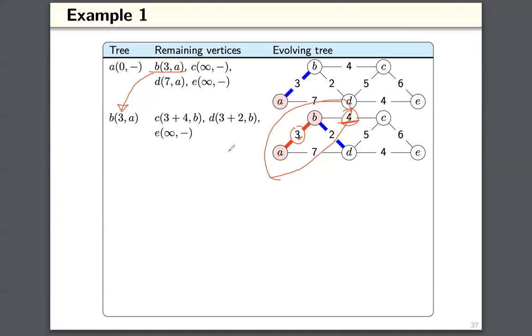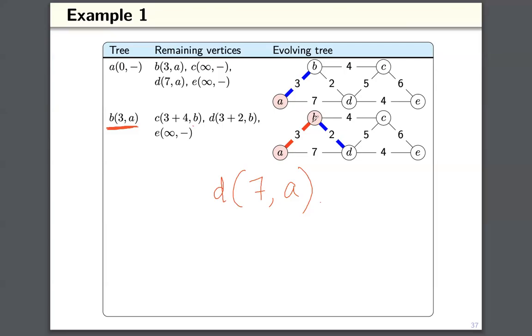Okay. Then what about D? Let's see D. D was at a distance of 7 from A. Now you check whether D and B are connected.